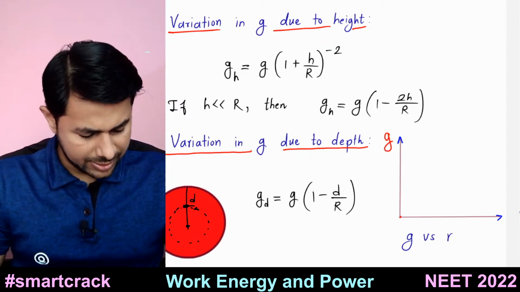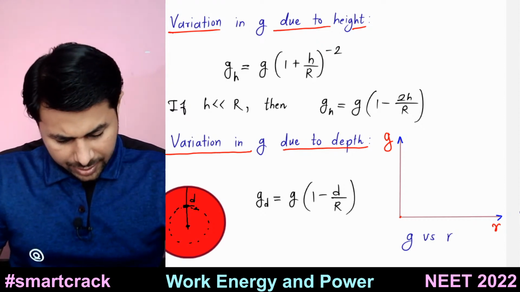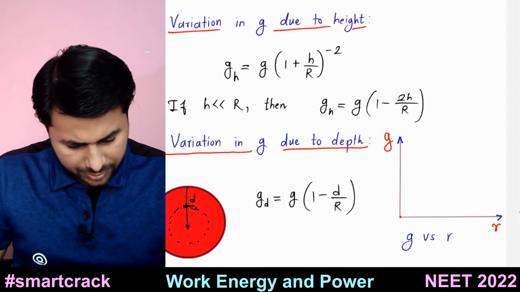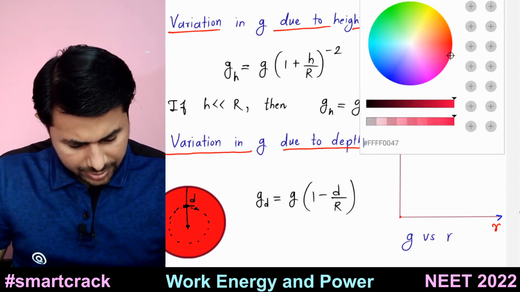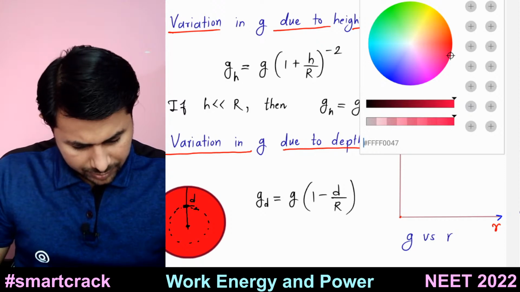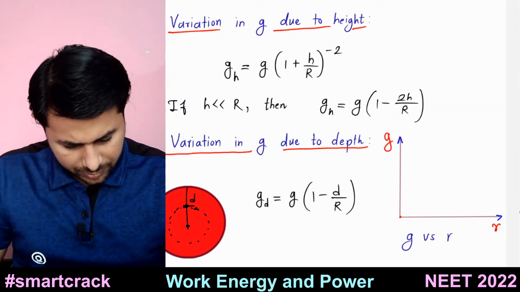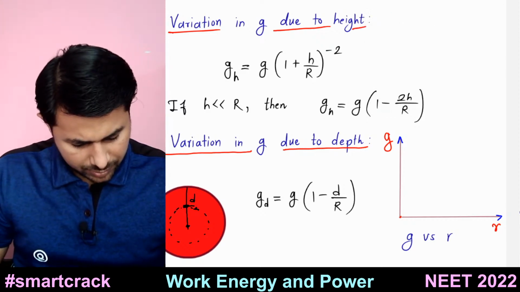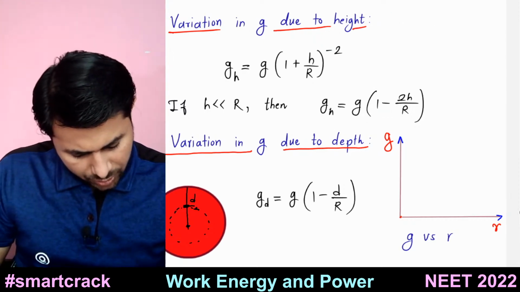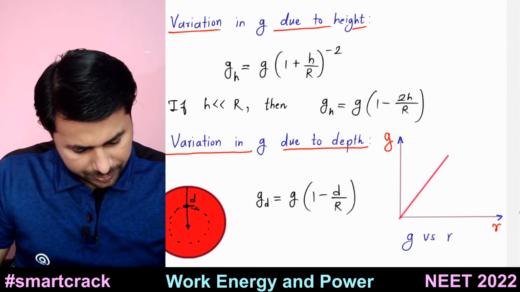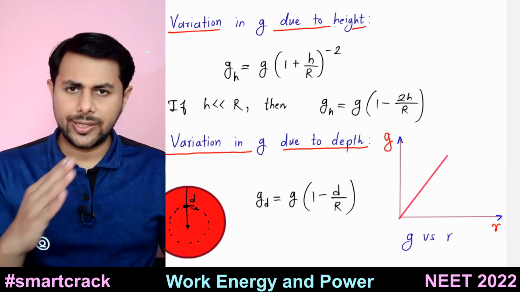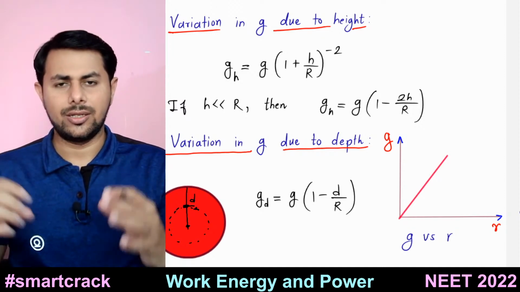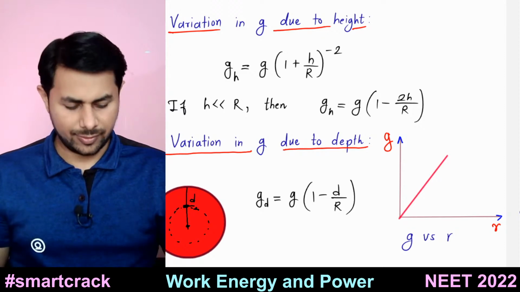So this is the g versus r curve, and it goes on increasing as you go away from the center. It keeps on increasing till it reaches the Earth's surface.